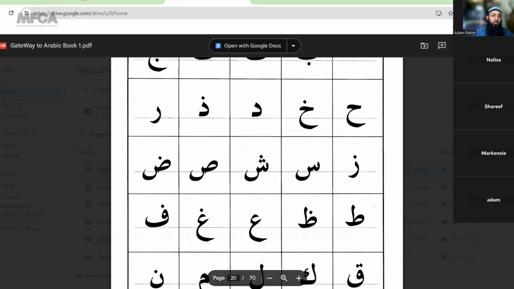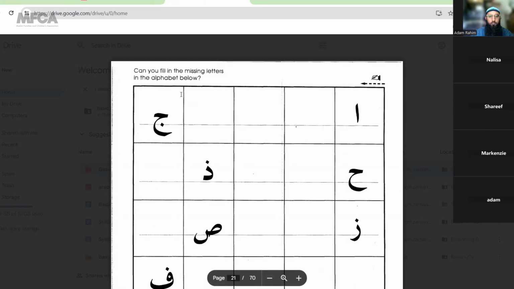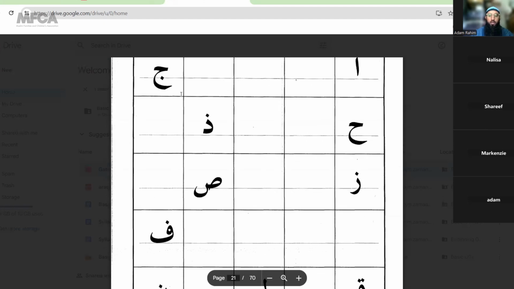A, E, U. Very good job. Does anybody know the names of these three? Fatha, kesra, dhamma. Ahsanti. Fatha, kesra, dhamma. A, E, U, respectively. Very good job.